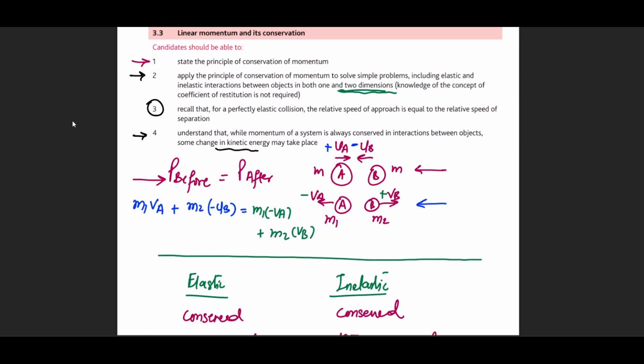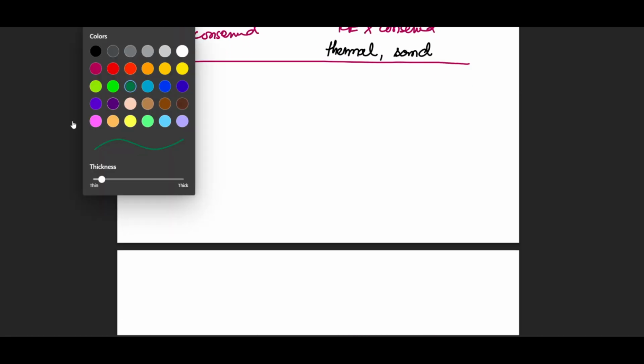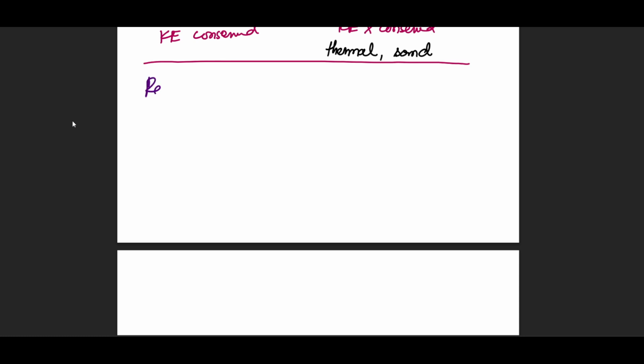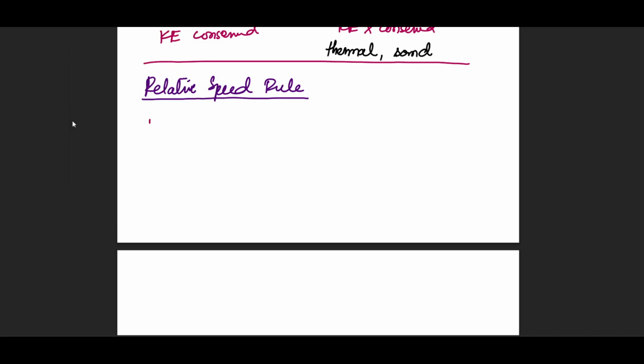Okay, so the relative speed rule, this is the most common misconception in terms of momentum questions. This is generally skipped in classes, but we'll see that without this rule, you will be unable to solve many questions. The first point that you're supposed to remember for this rule is that it is only applicable for elastic collisions, right?